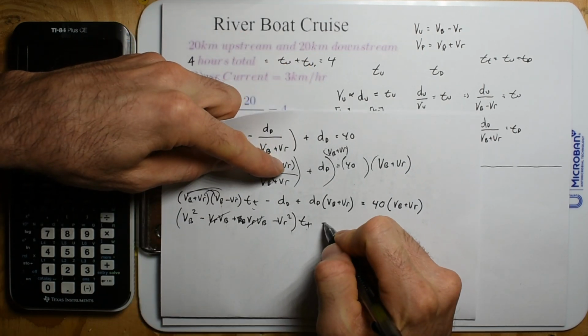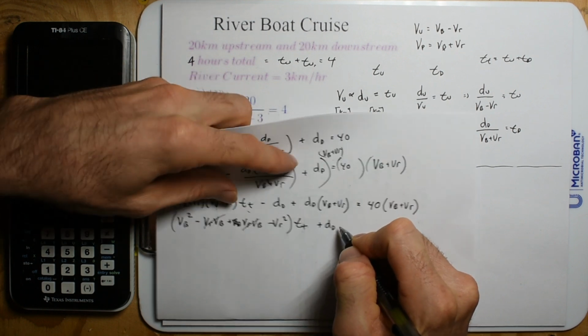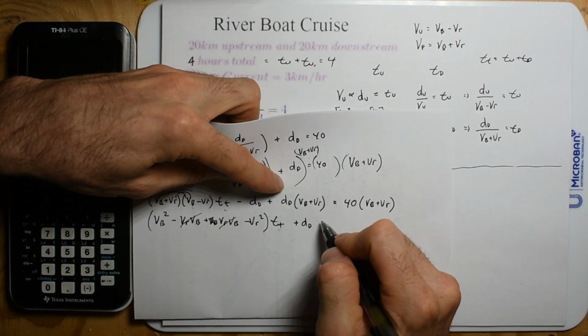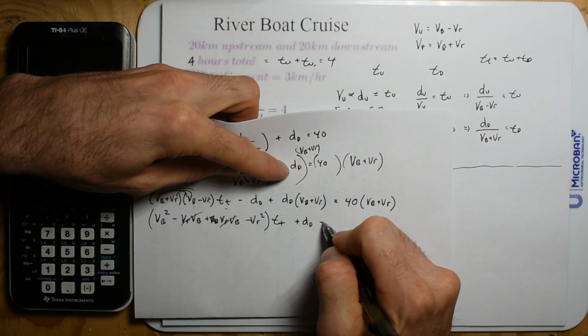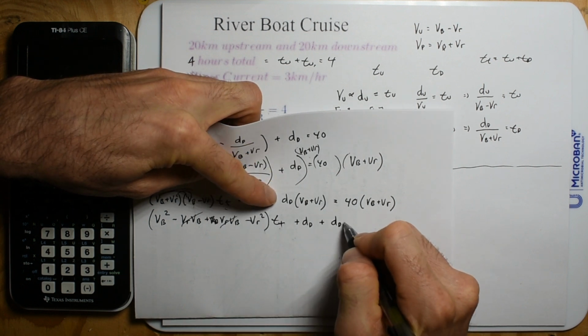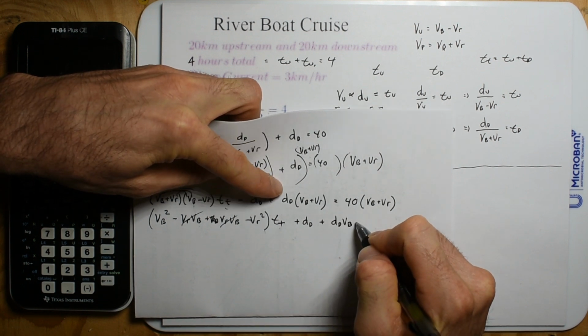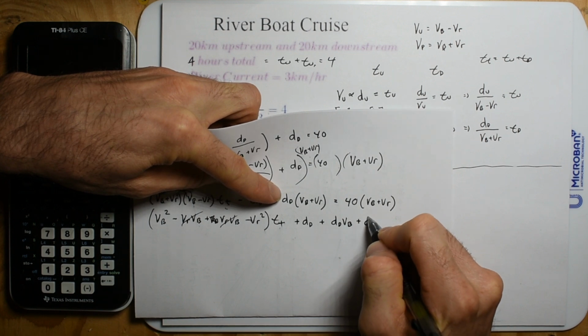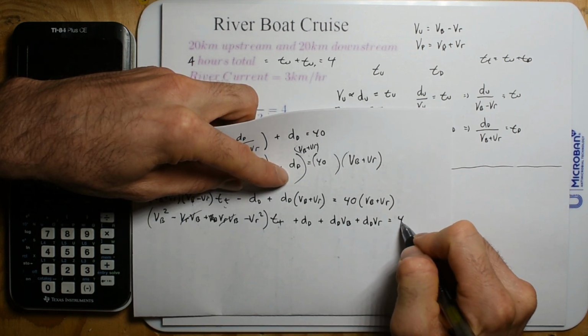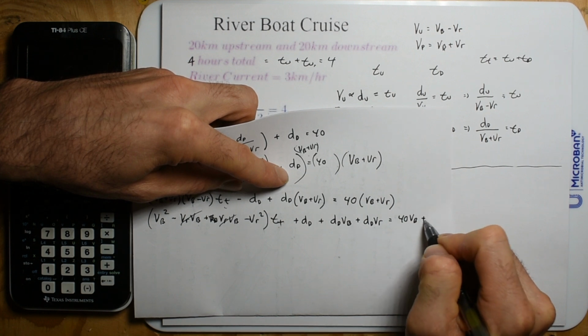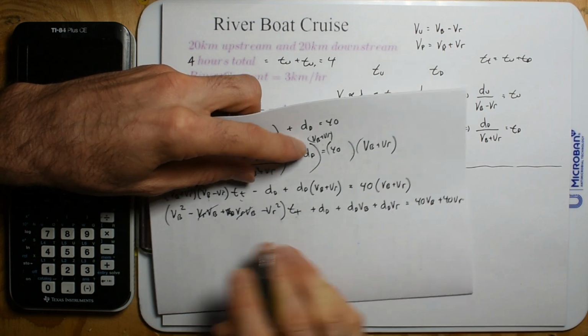So now we have plus distance downstream, and then this is going to be plus distance downstream VB plus distance downstream VR is equal to 40 VB plus 40 VR.